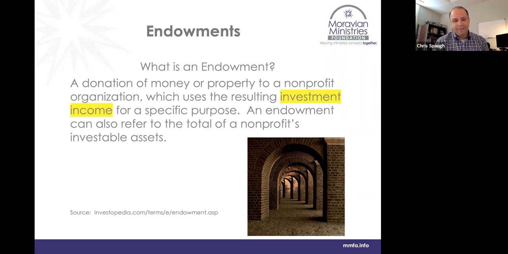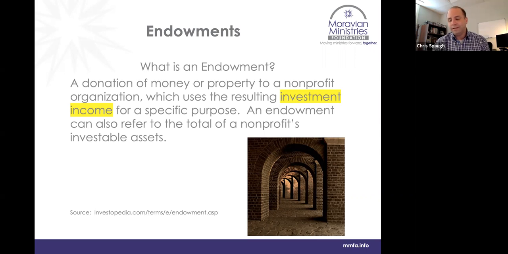So I have a definition on the screen of what is an endowment. This specific definition says that it's a donation of money or property to a nonprofit organization which uses the resulting investment income for a specific purpose. We're going to talk more about investment income. An endowment can also refer to the total of a nonprofit's investable assets.